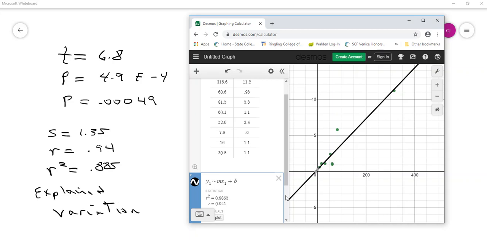And we have the explained variation. So we want to know how good of a predictor this is going to be. Well, we can look at this R squared value, and it's saying that it's about 88.5% efficient, meaning that you have really one other option. If you wanted to guess at what the profit was going to be, you could look at the average profit for a lot of companies and say, okay, on average, this is what the company makes.